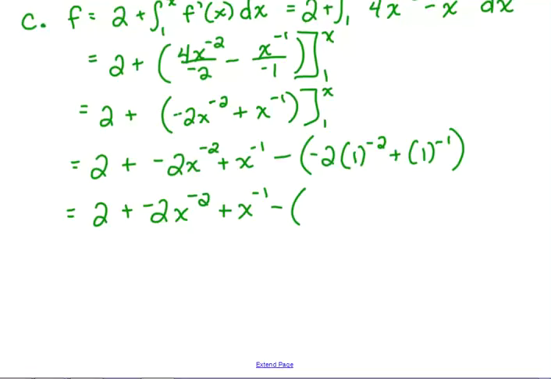We're really lucky here because we're raising 1 to that power, so 1 to any power is 1. So we've got negative 2 plus 1 down here, that's negative 1, and we're subtracting negative 1, so it's really like we're adding it. So we end up with 3 minus 2x to the negative 2 plus x to the negative 1.